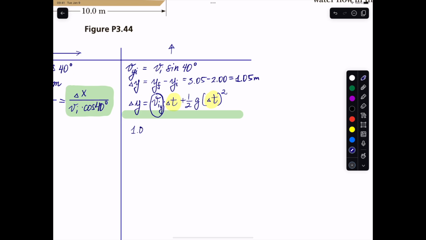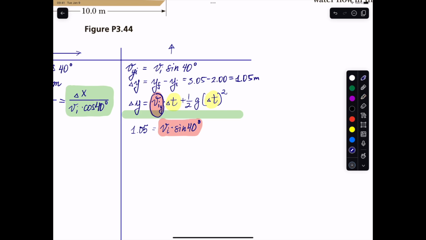So 1.05 meters is our displacement. It will equal V initial sine of 40, so this V initial y is V initial sine of 40.